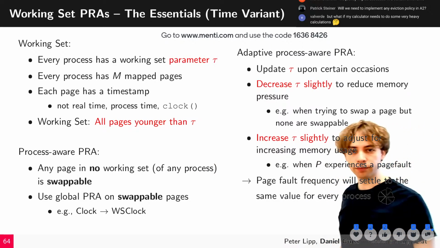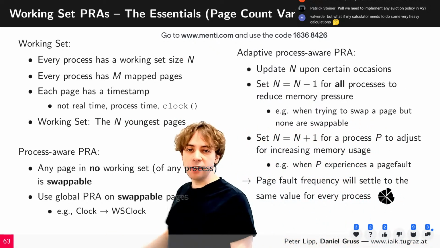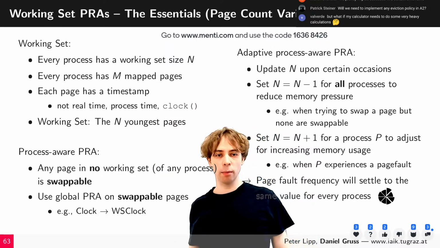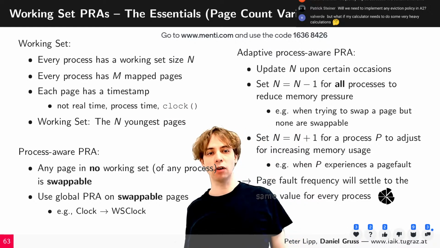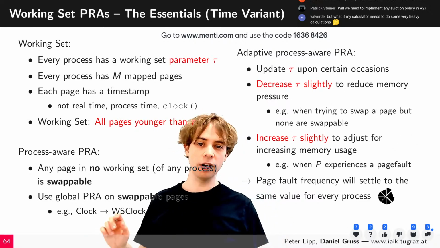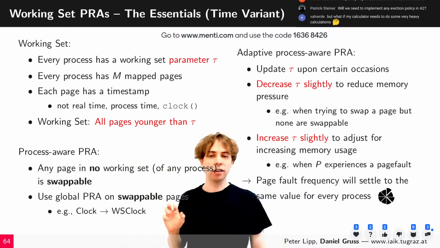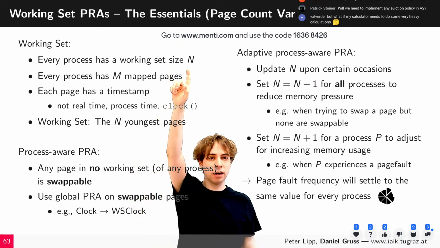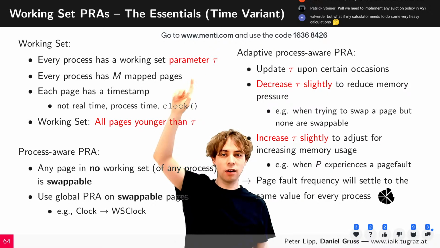Now, the page count variant is, if you look at resources online, you will probably not find the page count variant, but rather the time variant. So I've also put this on the slides, time variant, and I've marked in red what changes here. The working set size is now not defined by the parameter n, but by the parameter tau.